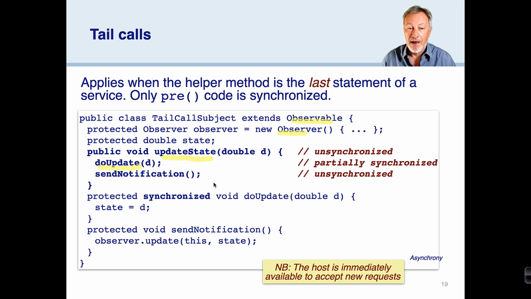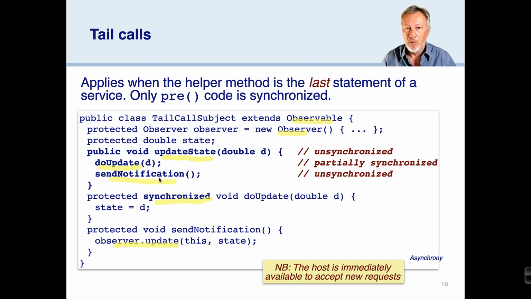The first part actually performs the update, and the second part sends a notification, that is, it updates the observers. Notice here that the service consists of two parts, only the first part of which is synchronized, or partially synchronized in this case. The update state method is unsynchronized. The do update is a synchronized method, and the send notification is purely unsynchronized.